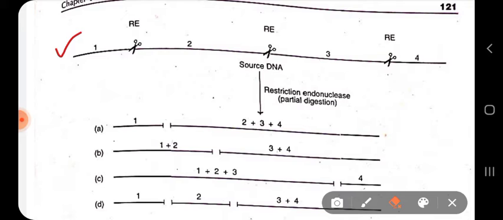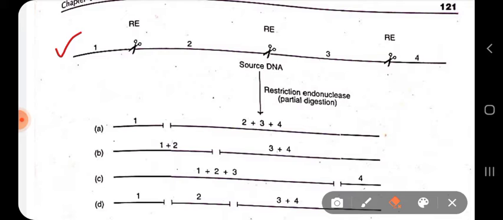In practice, a combination of different restriction enzymes is used to digest the source DNA to release a large number of DNA fragments, and the desired DNA fragment is then isolated and cloned.